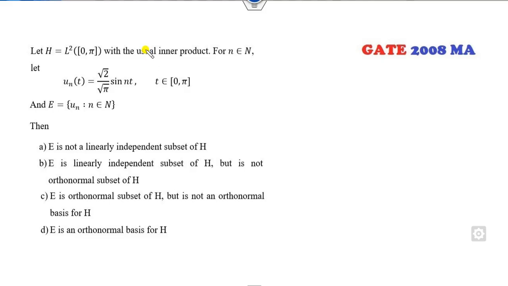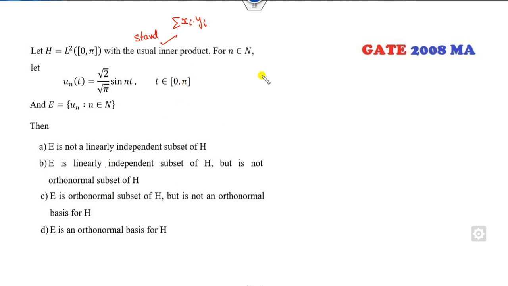Okay, look at this another one. This is the usual inner product space, the standard one. The u_n are given to you, and you must check whether they are linearly independent or not. How can you check that? Very simple.